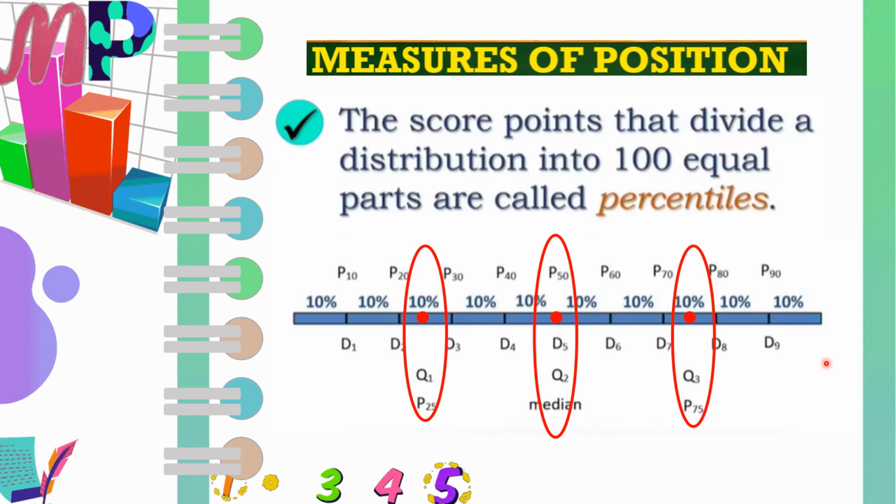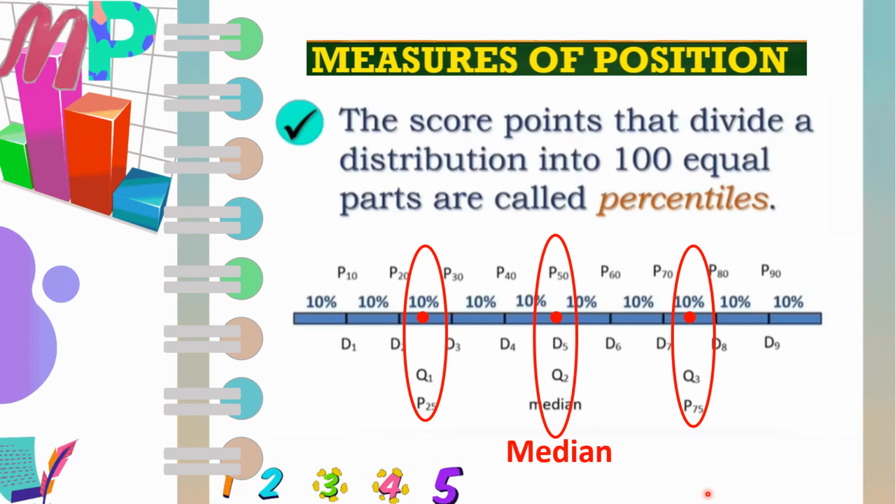From this diagram, you should be able to notice that every quartile, Q sub 1, Q sub 2, and Q sub 3, and decile from D sub 1 to D sub 9 may be expressed as a percentile from P sub 10 to P sub 90. Again, P sub 50, D sub 5, and Q sub 2 are called the median.